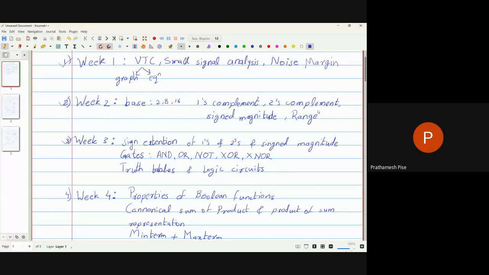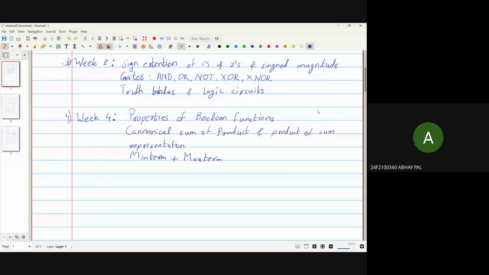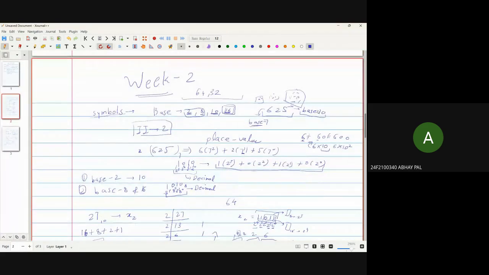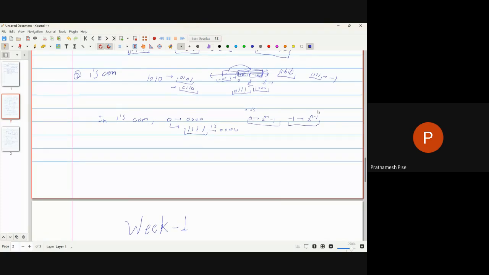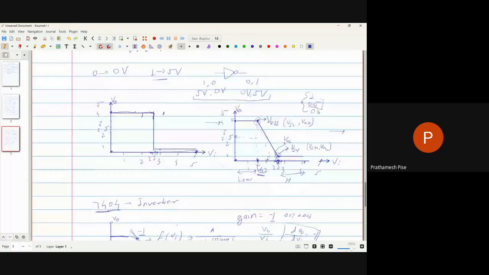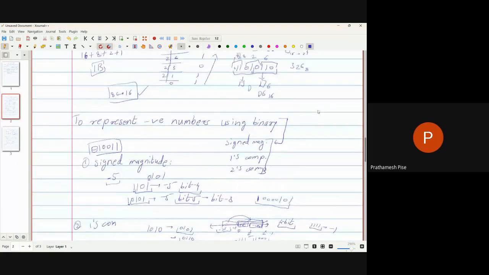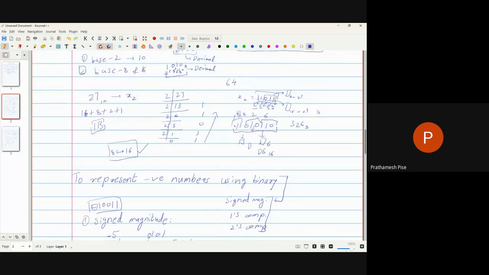Sir, can you explain to me about fractions from week two? Fractions, yes, we forgot about the fractions. So see, it's just the extension. Does anybody want to explain to him how fractions work in any other base?